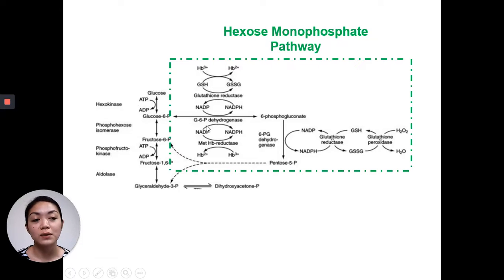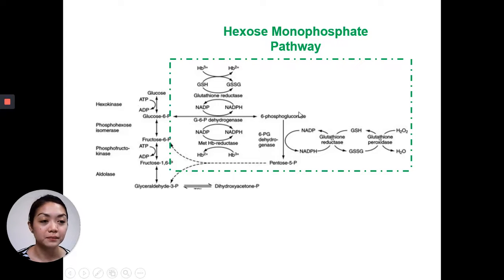Aside from glutathione reductase, we also need G6PD, glucose 6-phosphate dehydrogenase, because it's the enzyme that produces NADPH. Okay, so NADPH again is the cofactor of glutathione reductase to reduce your oxidized glutathione back to glutathione. NADPH could also be a cofactor of methemoglobin reductase together with NADH to reduce man iron back to the normal ferrous state.